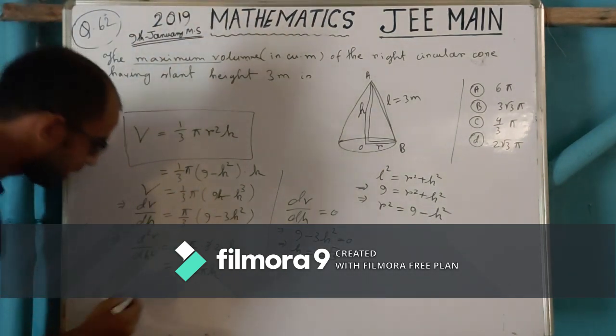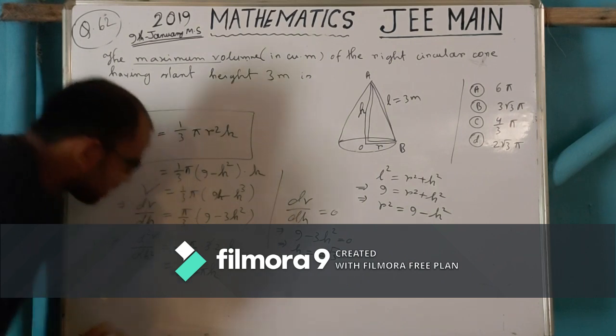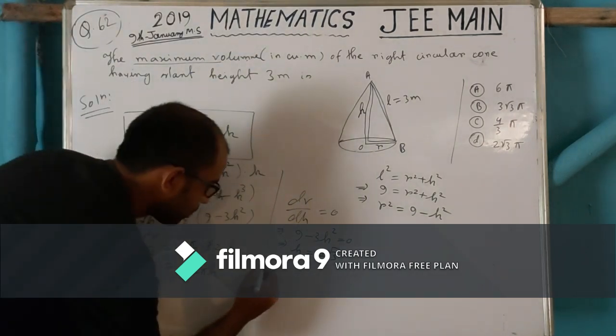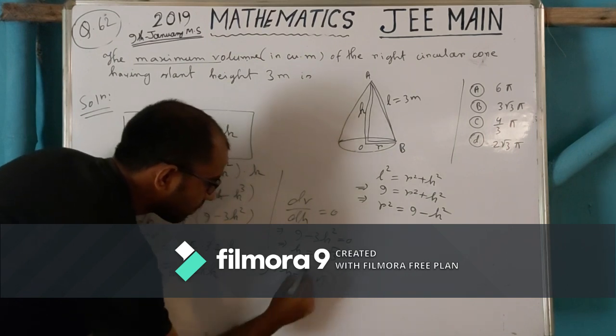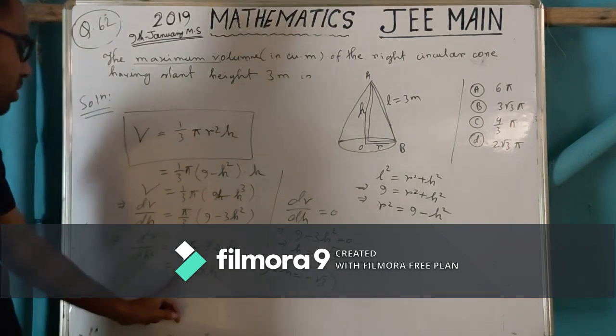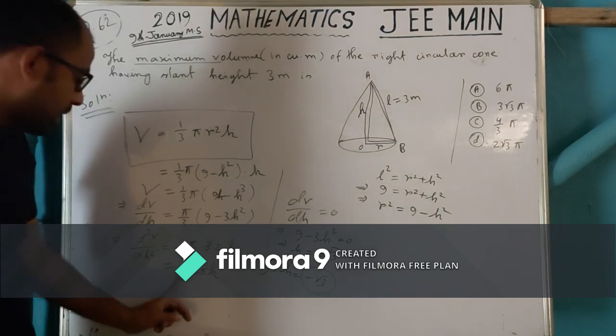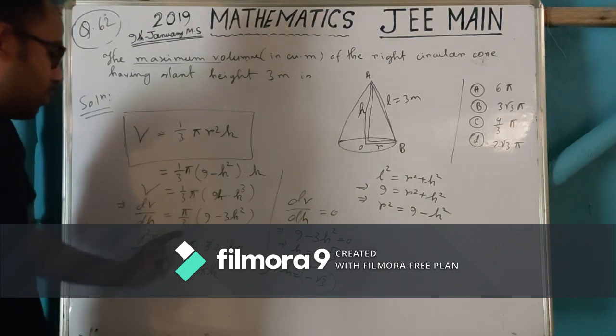If we choose h equal to minus root 3, then this will be positive, so we do not get maximum value, we get minimum value.